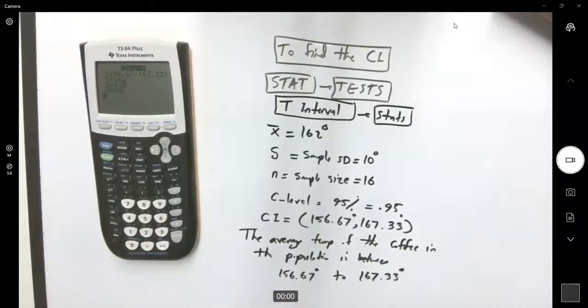And we are 95% confident that the population temperature falls within these two numbers.